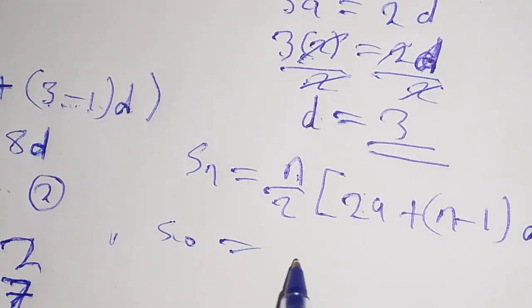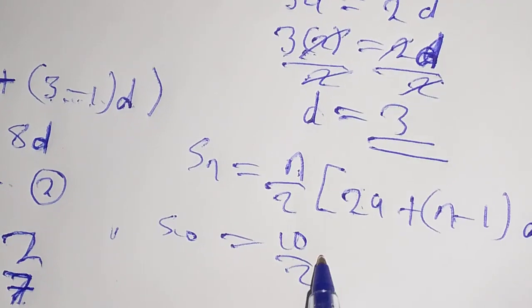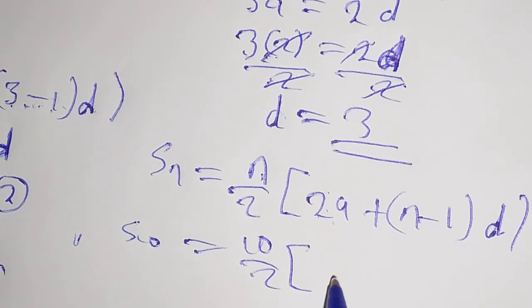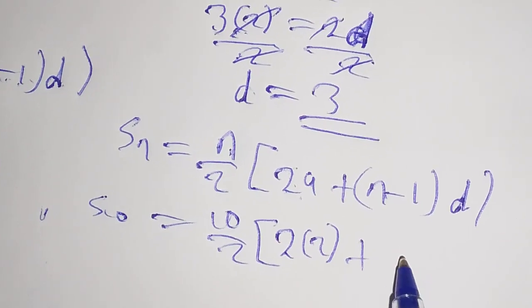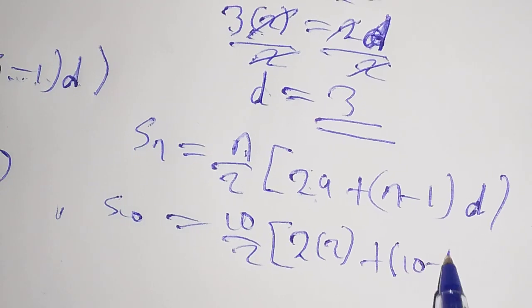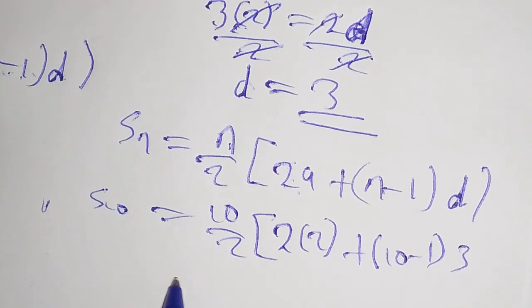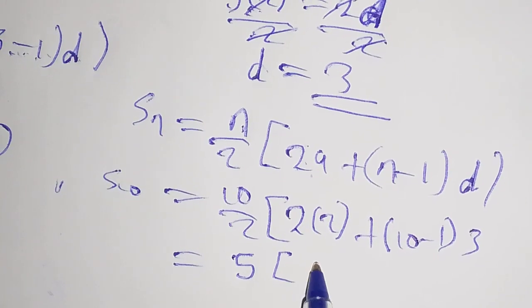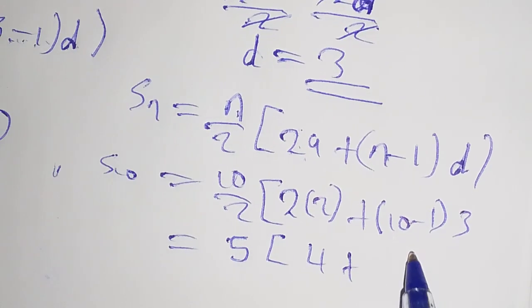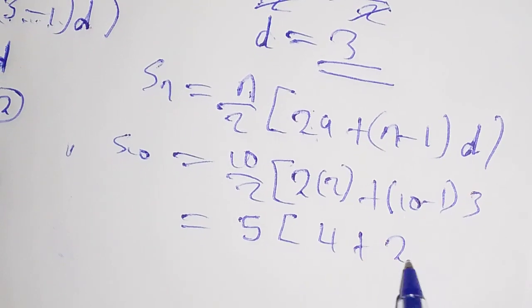So S10 is equal to 10 over 2 times (2 times 2 plus (10 minus 1) times 3), which is 5 times (4 plus 9 times 3, which is 27).